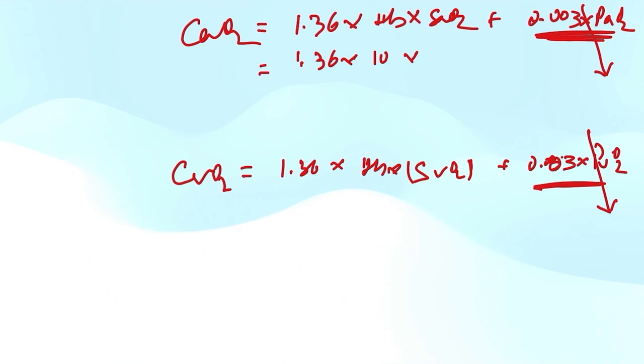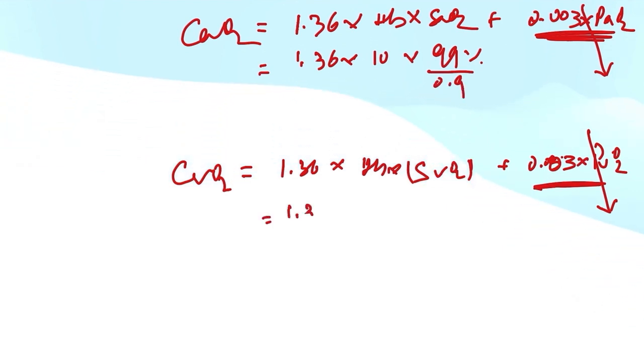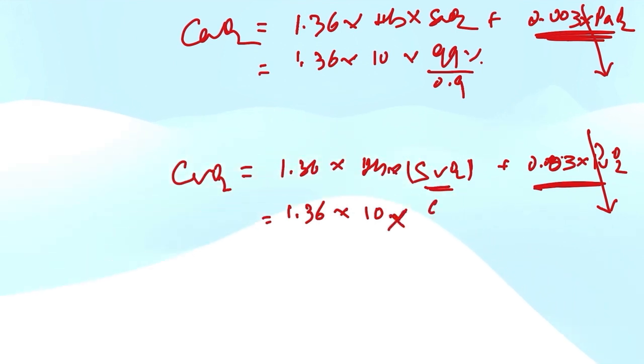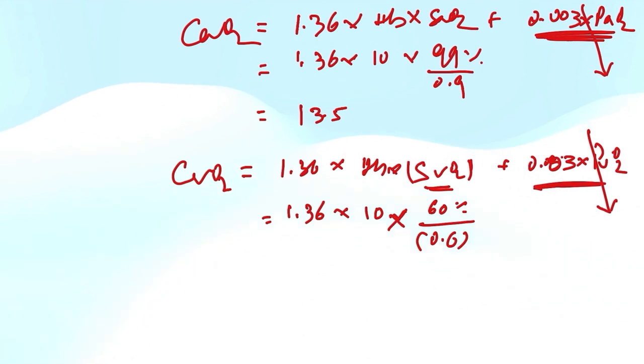For calculation in the arterial sample, it is 1.36 into 10 into 99%, which is 0.99, as given in our question. Upon calculating it, and for the venous sample, we get 1.36 into 10 into 60%, which is 0.6. So we get a value of 13.5 for the arterial sample and it is 8.2 for the venous sample, right?